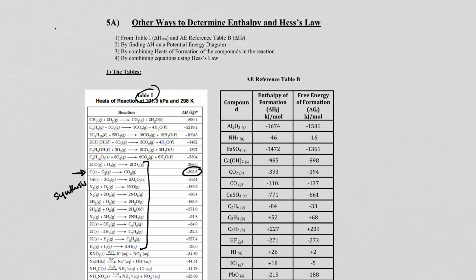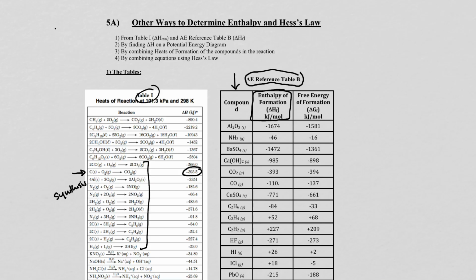You can also find this enthalpy in another reference table, reference table B, which would be found at the back of your booklet. There is a column here that shows you enthalpies of formation. So to make 1 mole of these compounds from a synthesis reaction, it would take this much energy to do so.